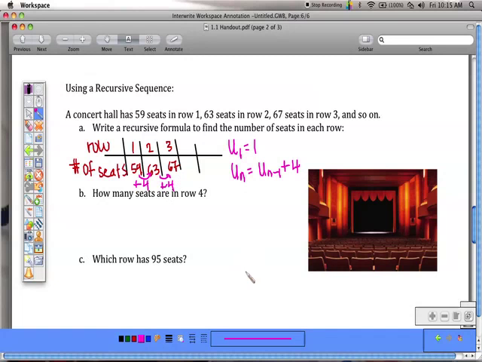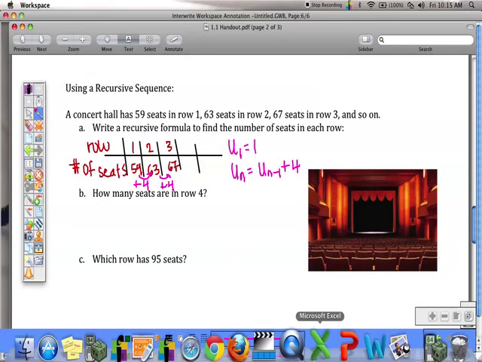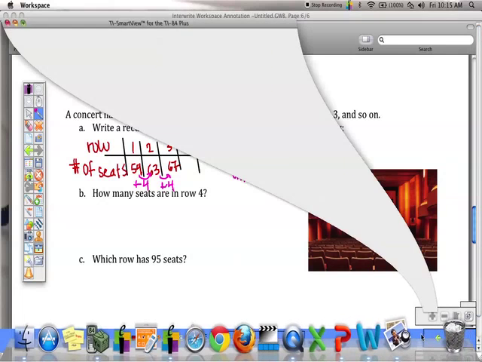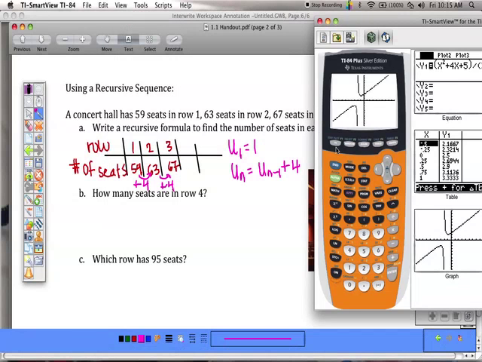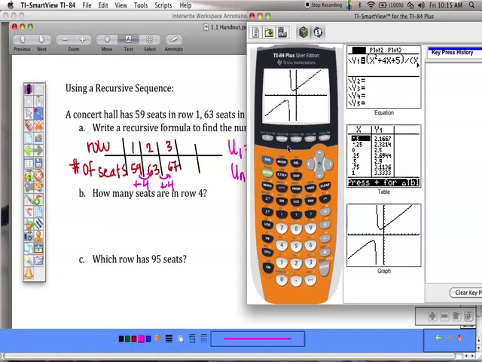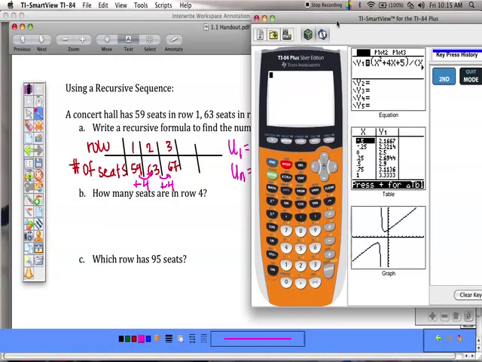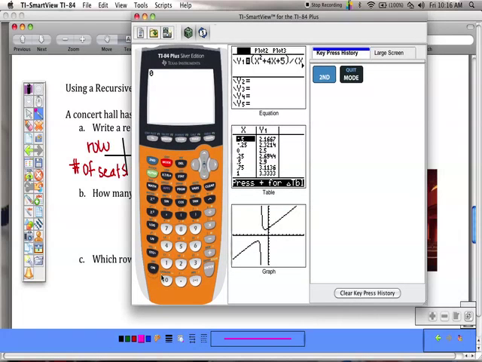Okay, there's a way to do that in your calculator. Let's see if we can pull that up. All right, so in your calculator, we can do this by typing in our first number first. Okay, so my first number is 1, so I'm going to type in a 1.